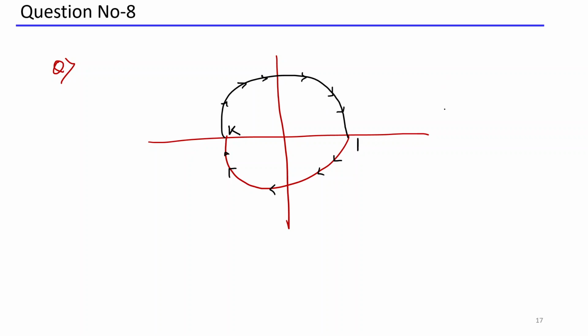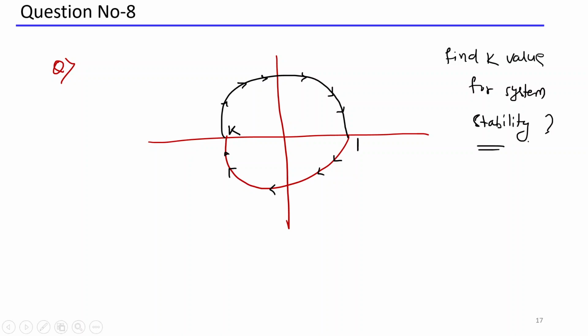This is the complete Nyquist plot given to you. My question is: find the K value for system stability. What is the K value for system stability?